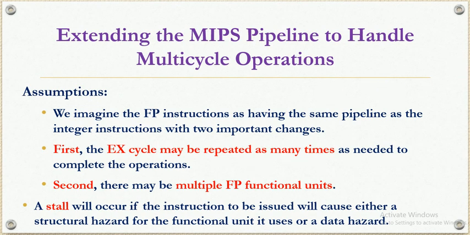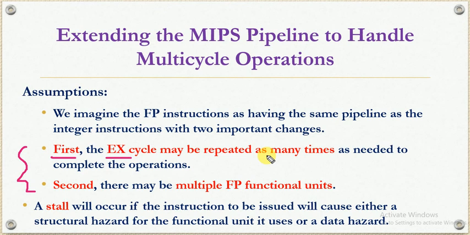Initially we are taking some assumptions. We are considering FP instructions that have the same pipeline as the integer instructions, but with two major changes to the pipeline architecture. The first change is the EX stage. The EX cycle may be repeated as many times as required.